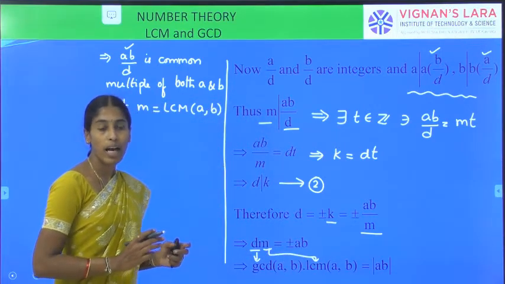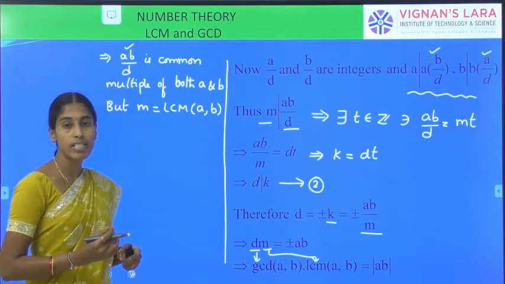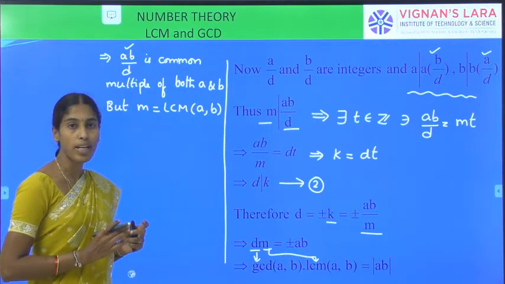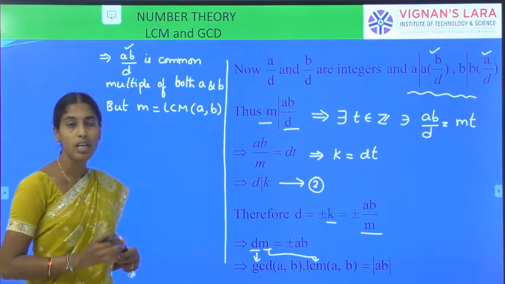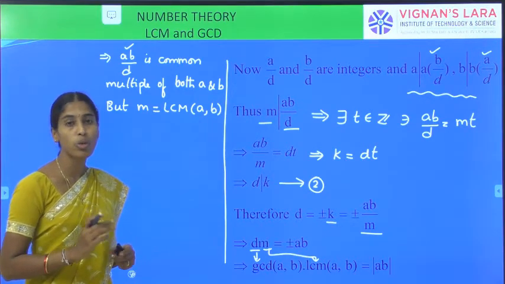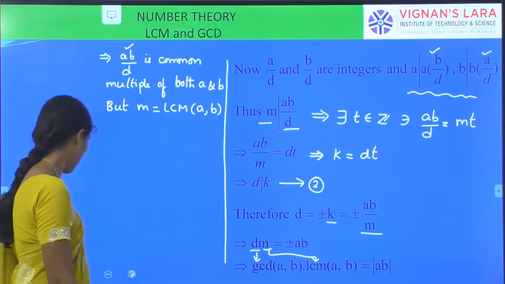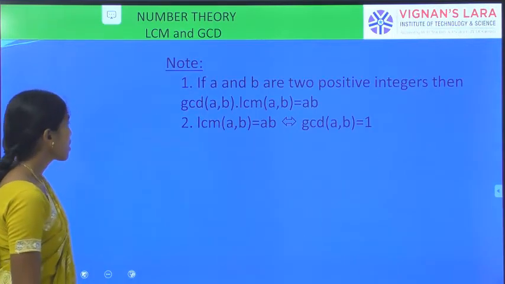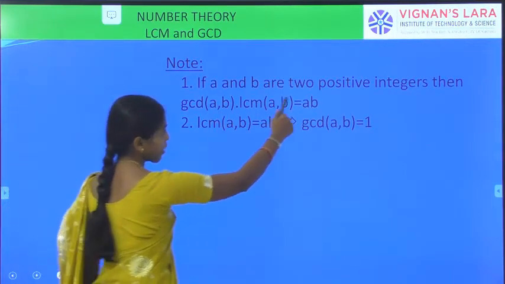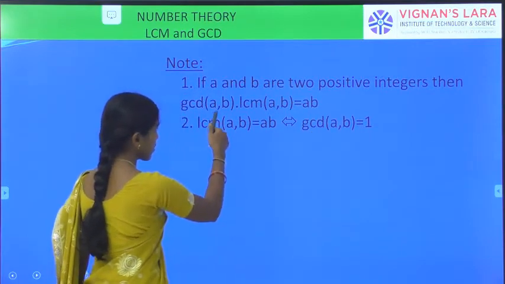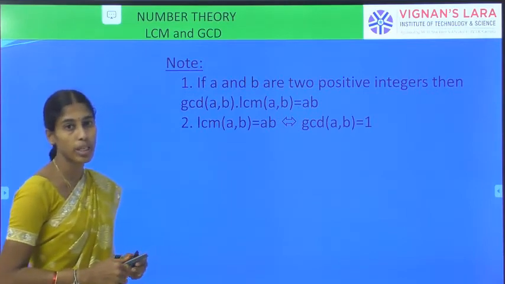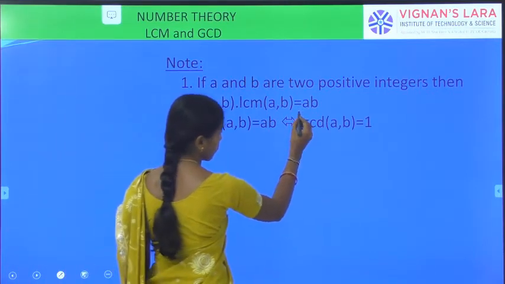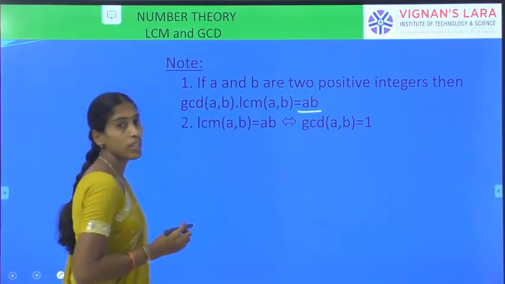So whenever we calculate GCD and LCM of two numbers, their product is nothing but the product of those two corresponding numbers, right? So the next note: if A and B are two positive integers, then GCD of AB into LCM of AB is equal to AB. Here we are not taking the modulus.